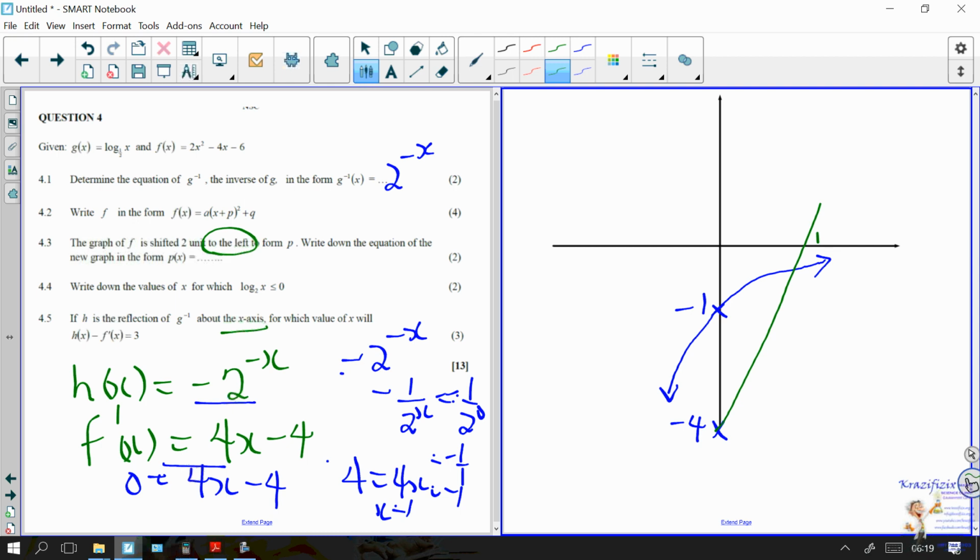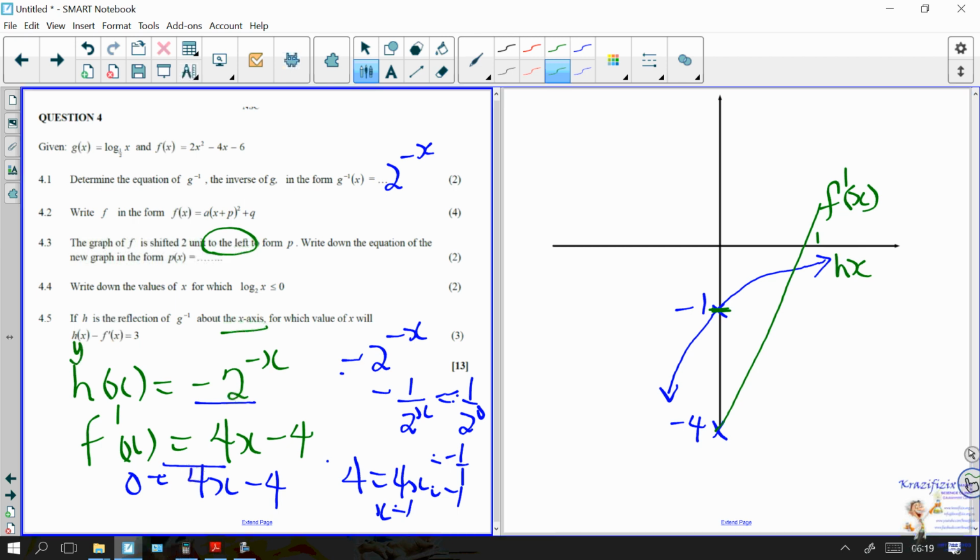Now the question says we need to find where the difference is equal to 3 units. h of x and the first derivative, f prime of x. Now, do you see here the difference? Because we're talking about the y values. The y of this minus the y of this should be equal to what? 3.